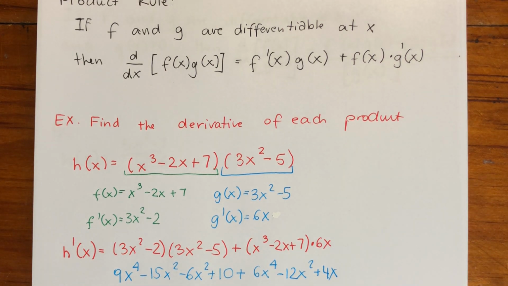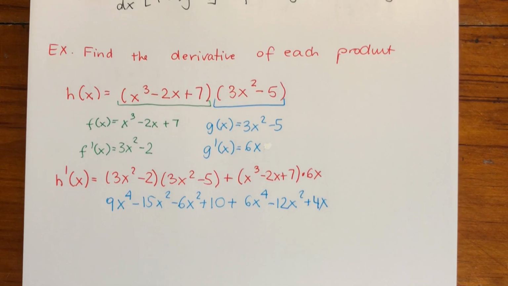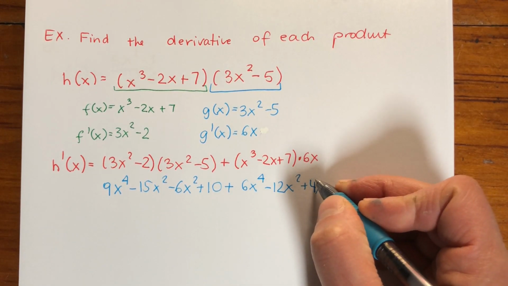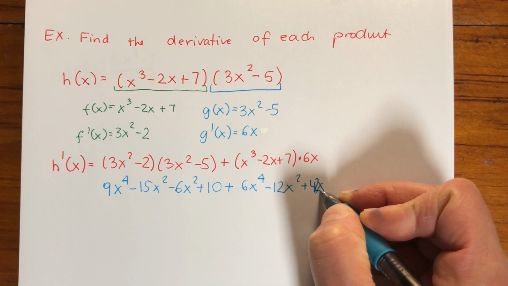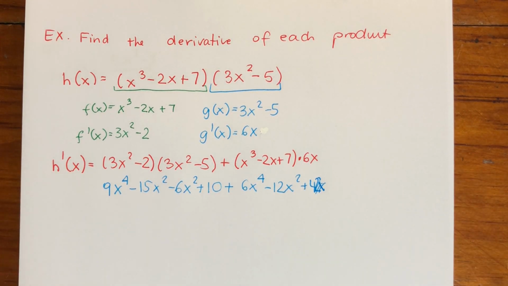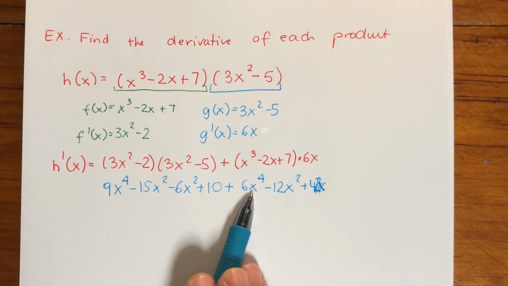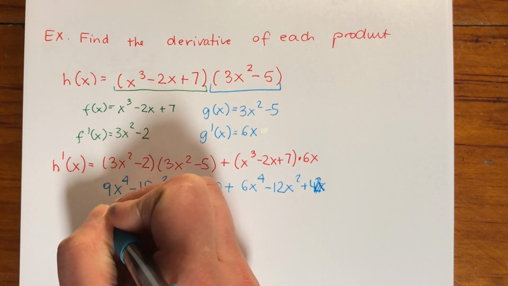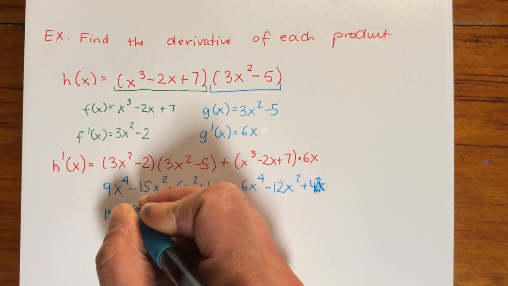Please make sure I am not making any mistakes. 6 times 7, 42. Didn't I say that? 42x. Okay, and now let's see. This term and this term has x to the power of 4, so that is going to give me 15x to the power of 4.